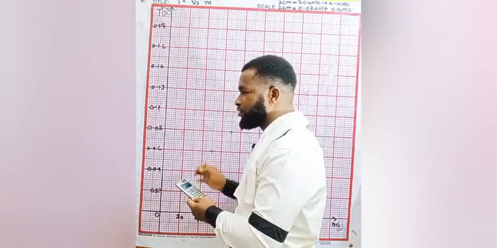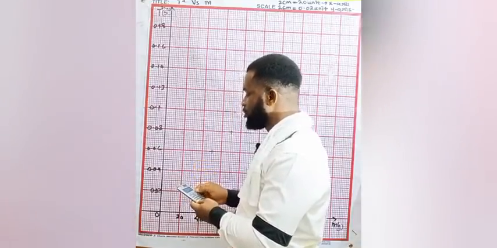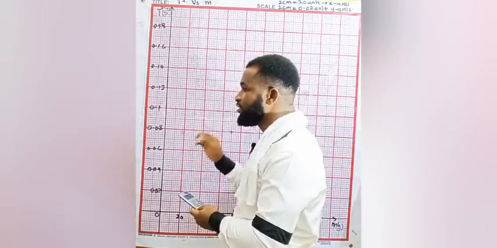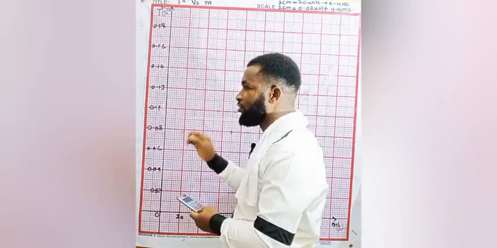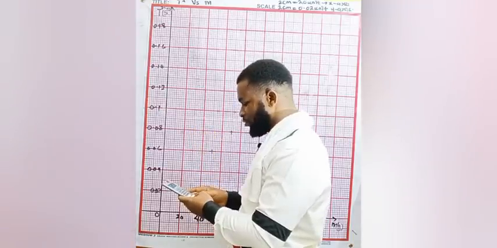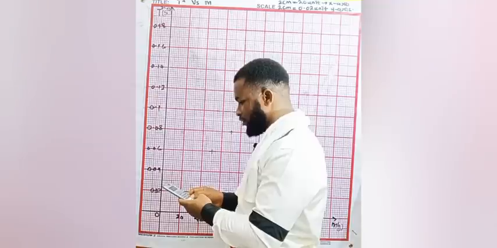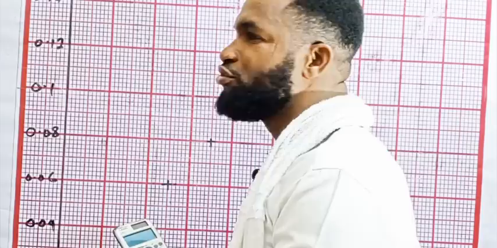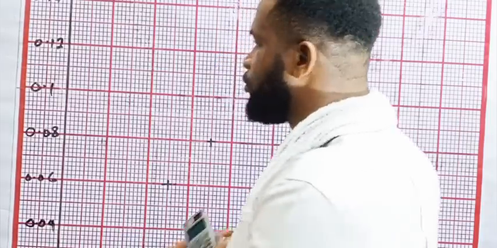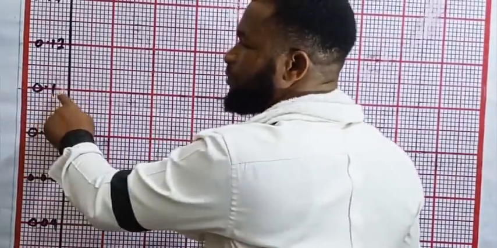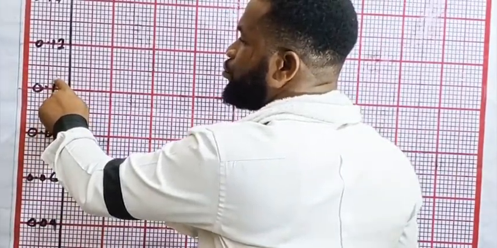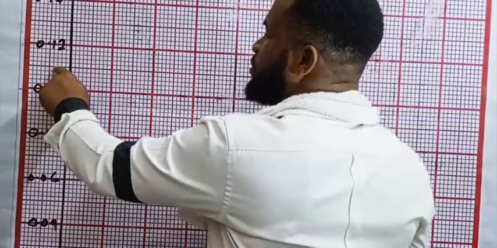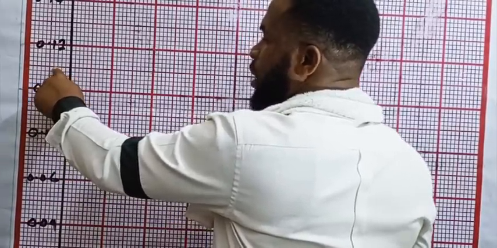You have 0.01. Now, since each line means 0.002, you are going to say 0.01 divided by 0.002. You have 5. That means you are looking for 5 lines. So from this 0.1, count 5 lines. You have 1, 2, 3, 4, 5. That is where 0.11 is.